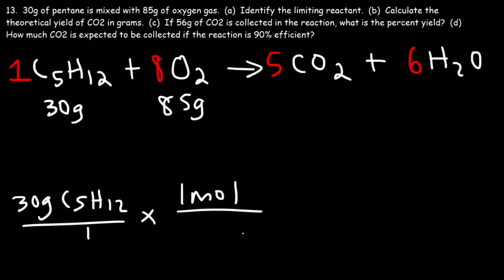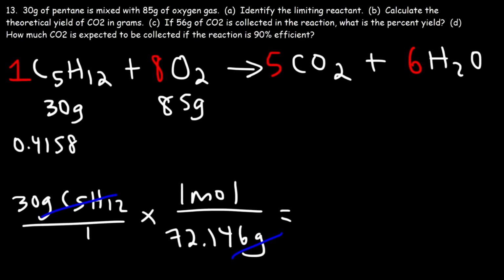And so the molar mass of pentane is 72.146. So now let's divide these two numbers. 30 divided by 72.146 comes out to be 0.4158 moles.